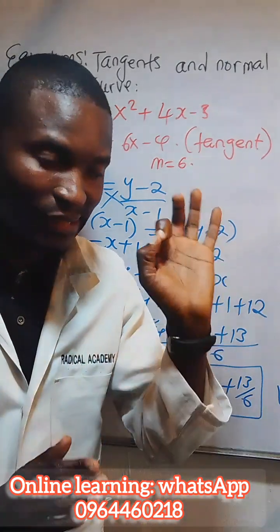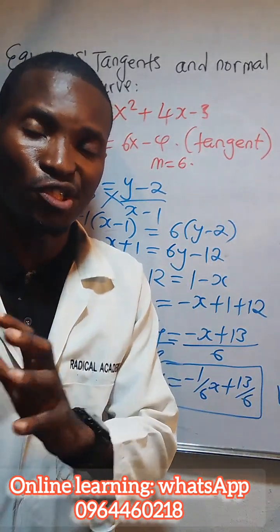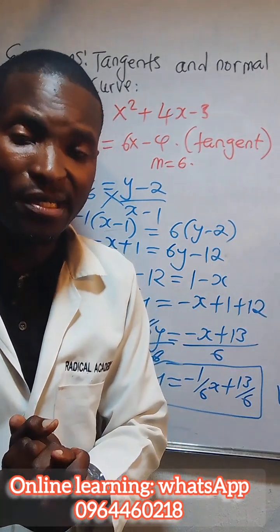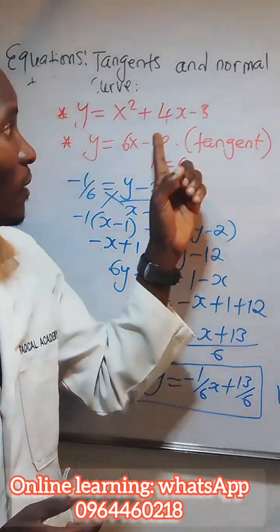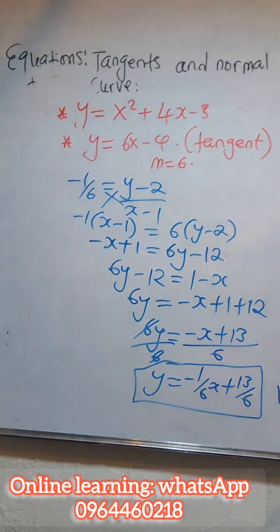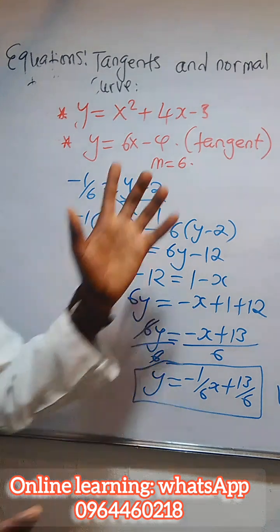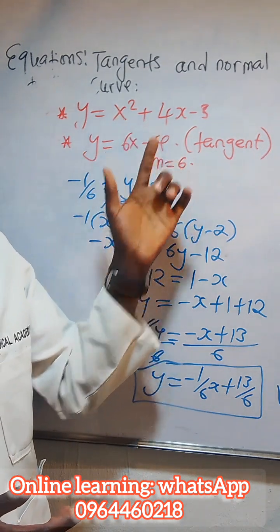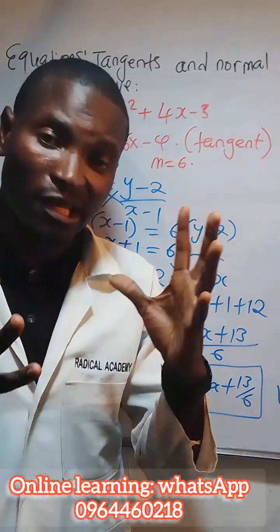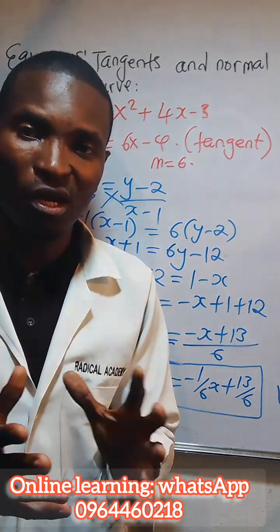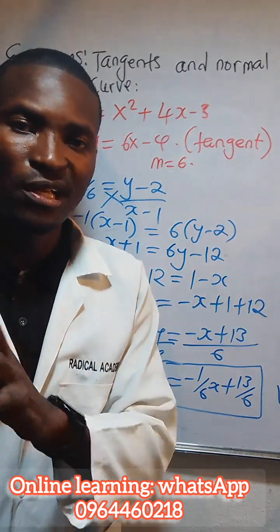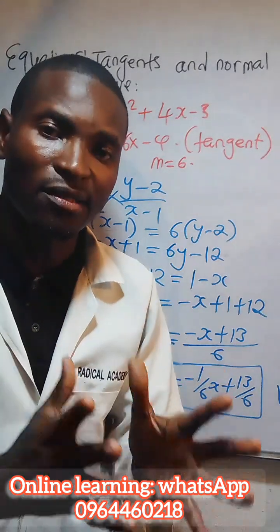You saw at first we had to differentiate the equation y equals x squared minus this plus that, which was just x to the power of something. From that we found the gradient function and the specific gradient at x equals 1. Since they share the single point 1, 2, we used it for both the equation of the tangent and the equation of the normal.